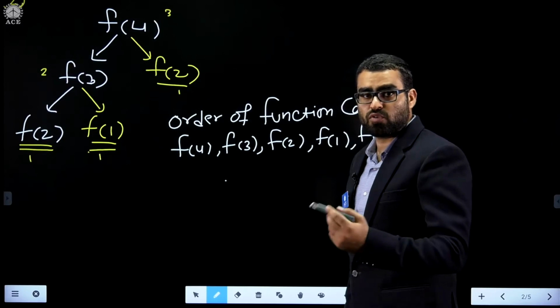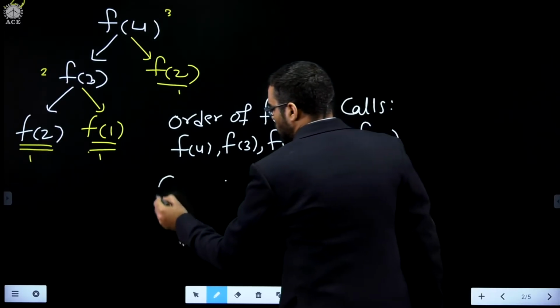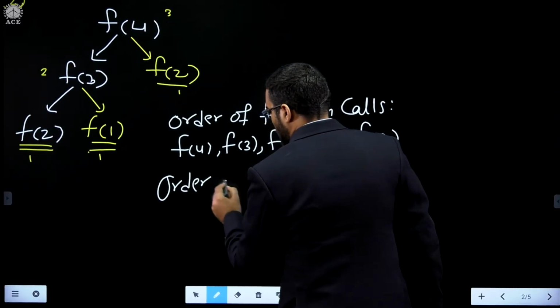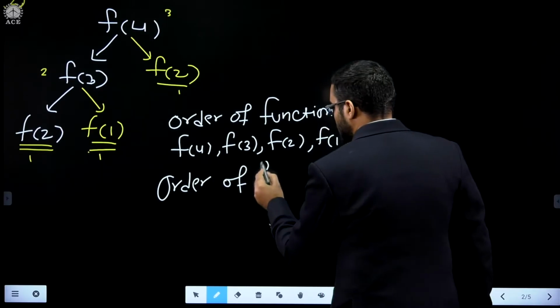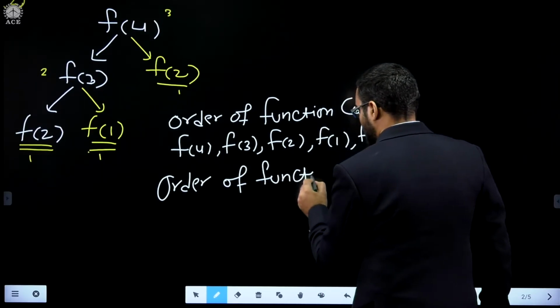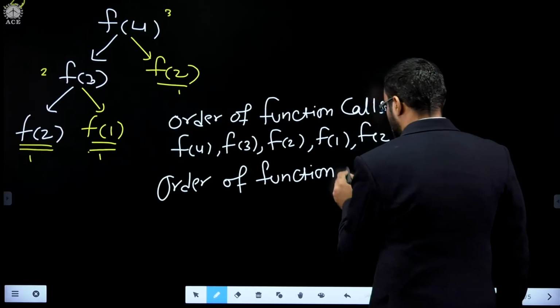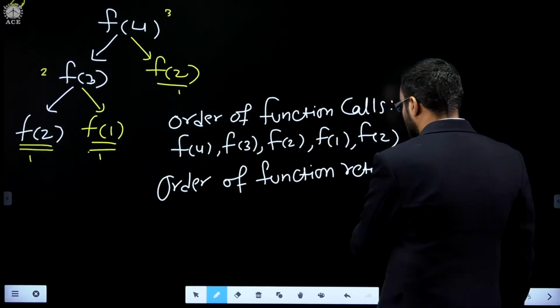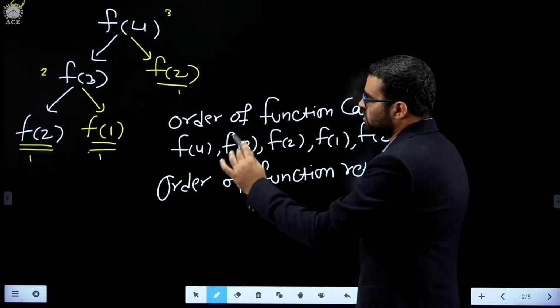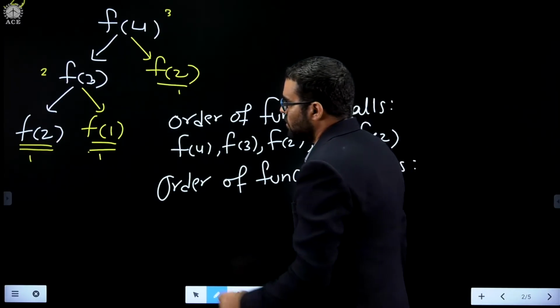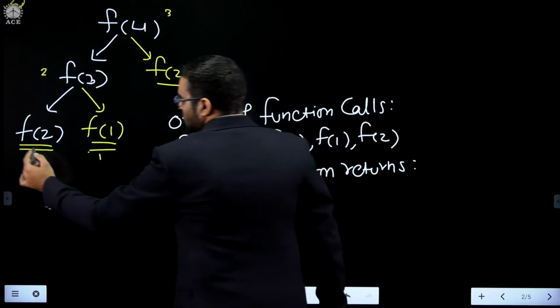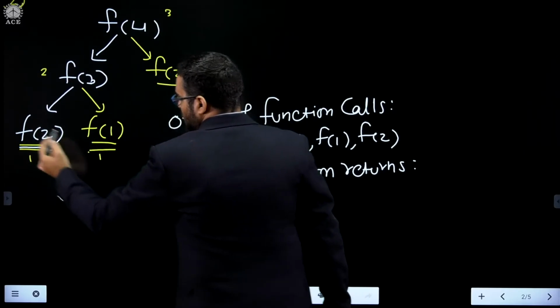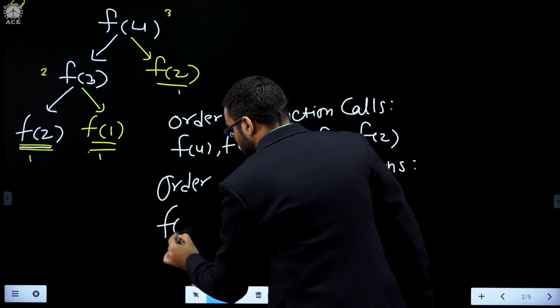And what is the order of function returns? What is the function that is returning for the first time? You can see this f2 will return for the first time.